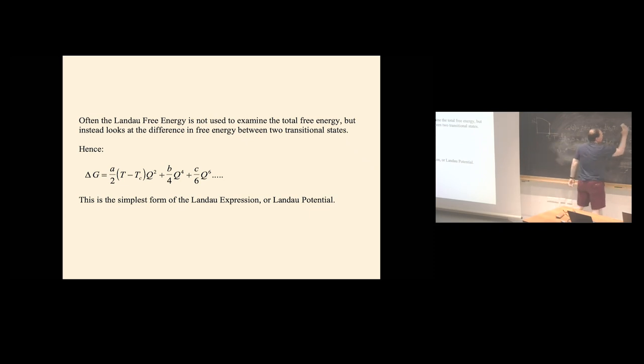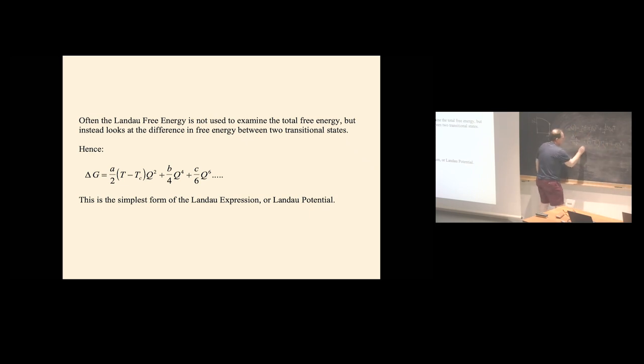So there are conditions when B is positive where you don't have to worry about that horrible quadratic with the confusing A's and C's, and instead you can truncate it here. We do the same trick. dG/dQ is equal to A(T minus TC)Q plus BQ cubed.